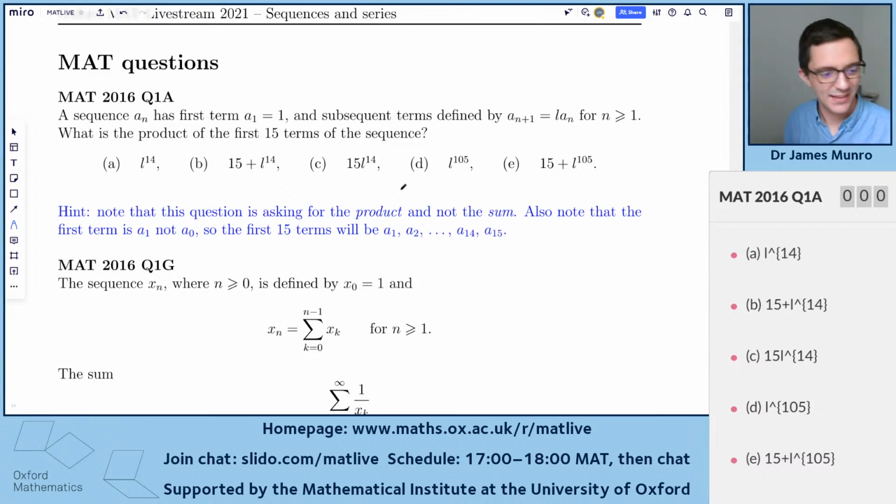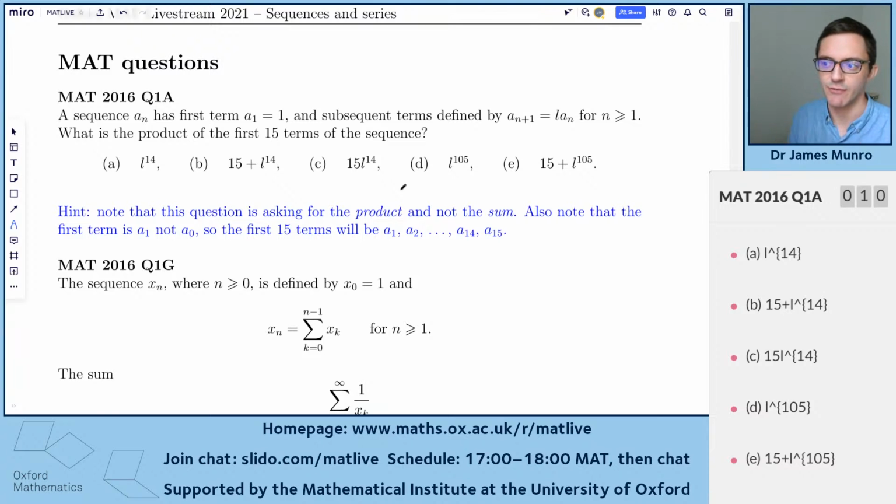Right, okay. Good. Let's read the question while we're thinking. So, 2016, question 1A. It's the first question on the paper. The first question on the paper is usually designed to be approachable, something we can just get in and have a go at. So here, sit down, open the paper, first question there.